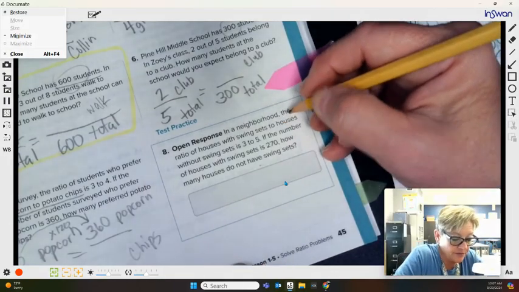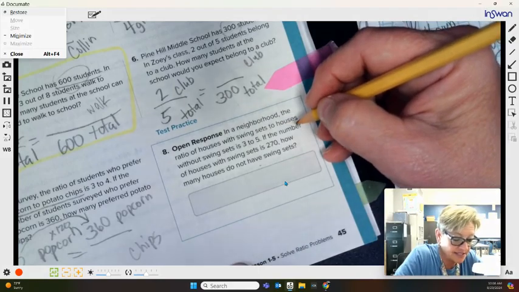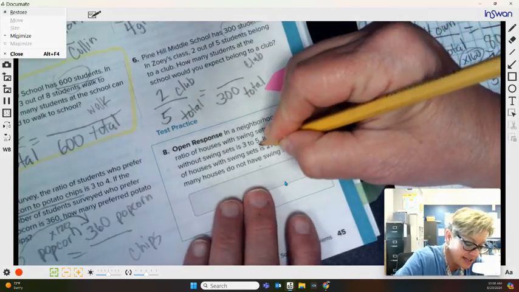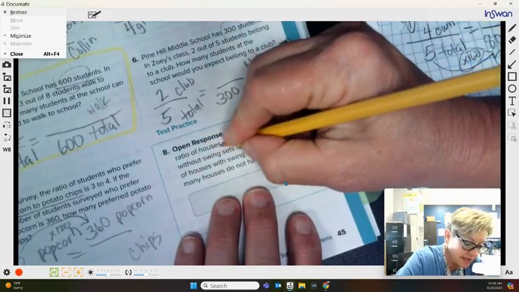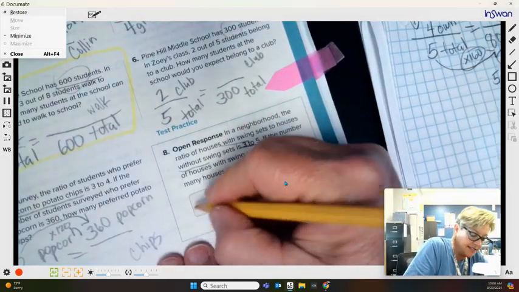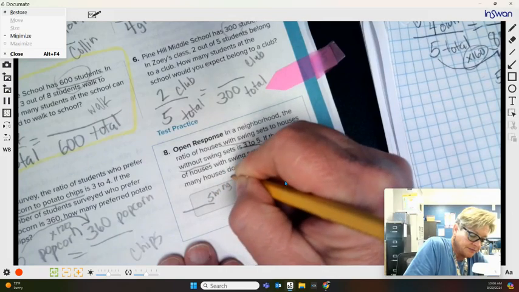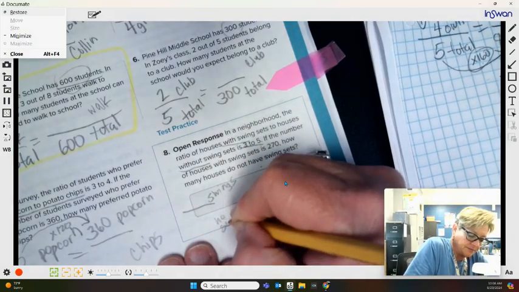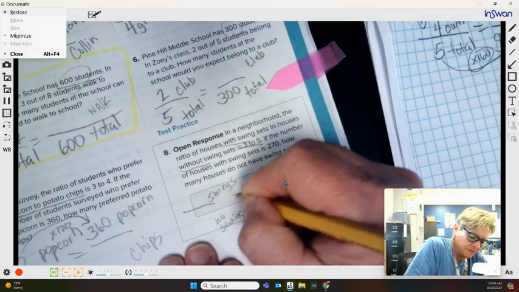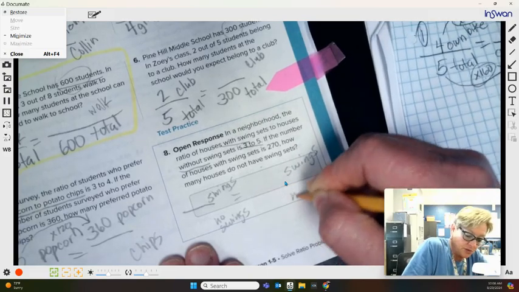In a neighborhood, the ratio of houses with swing sets to houses without swing sets is 3 to 5. So that tells you with swings and without swings, it's going to be 3 to 5. So if I set this up, I've got swings to no swings.